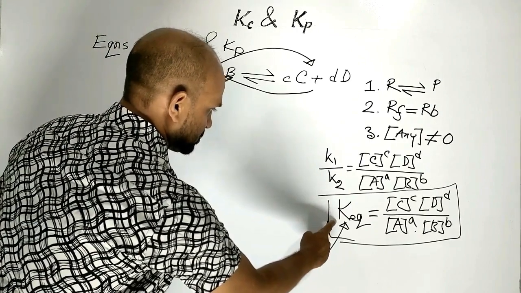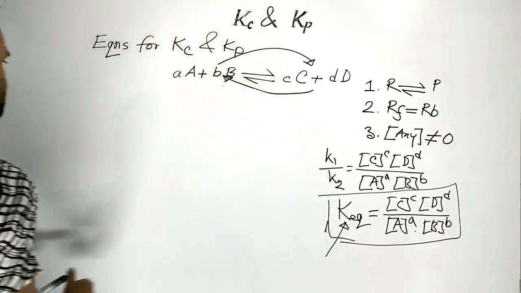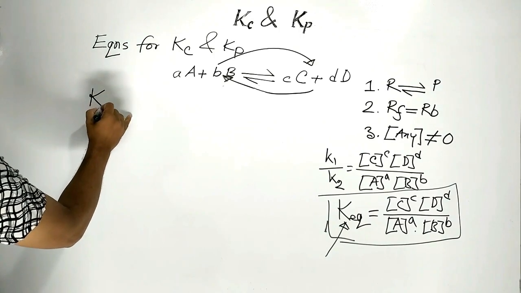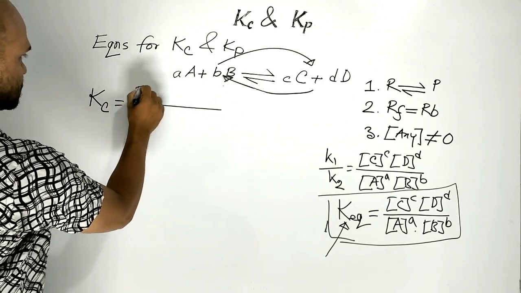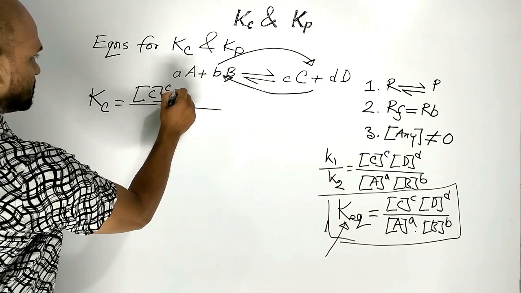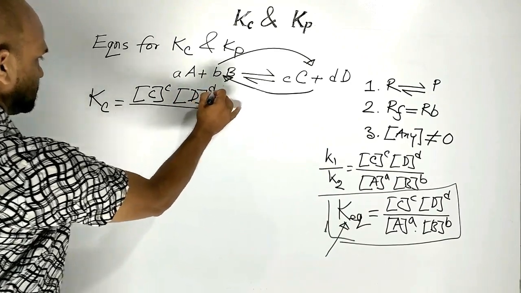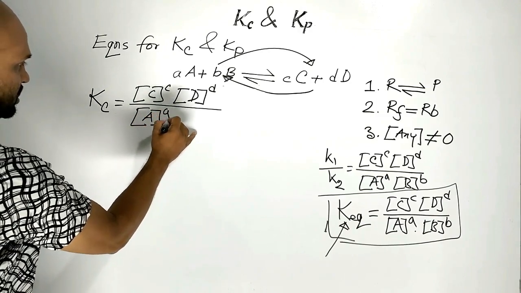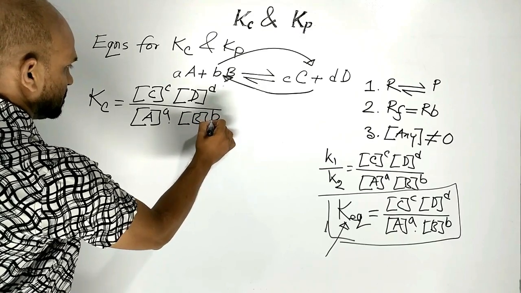This equation is known as equilibrium equation, in which here we can write Kc is equal to concentration of C into concentration of D divided by concentration of A into concentration of B.